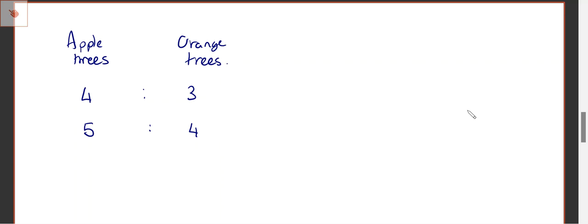What's important is the 5 and the 4 equivalent to 4 to 3. Well, we can multiply something by 4 to get 5. It's actually, anyone know those?